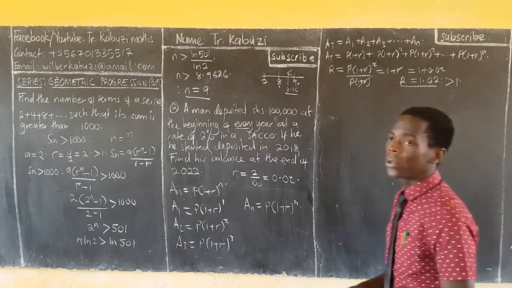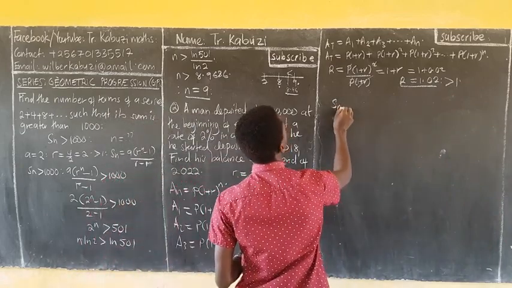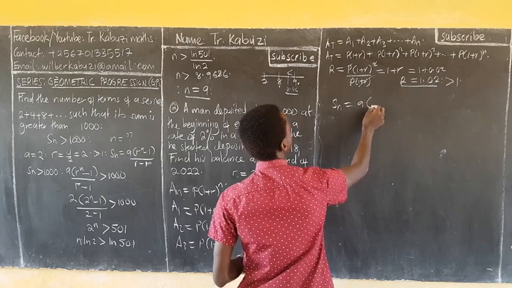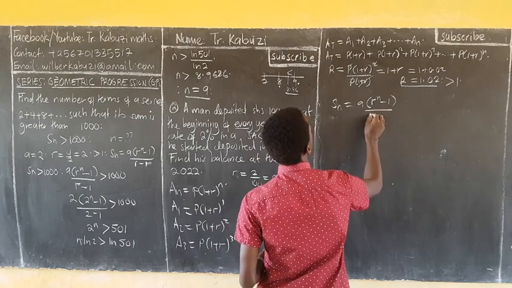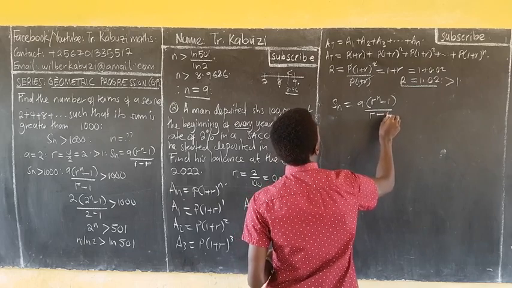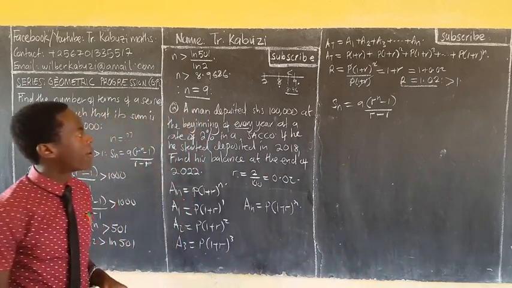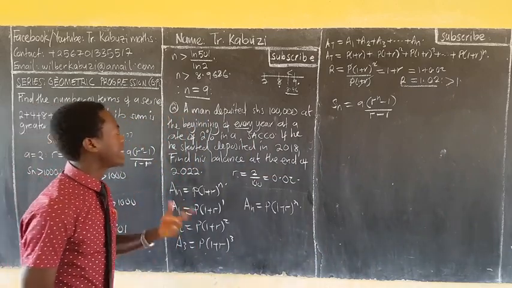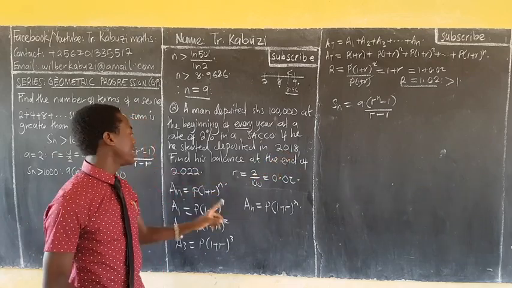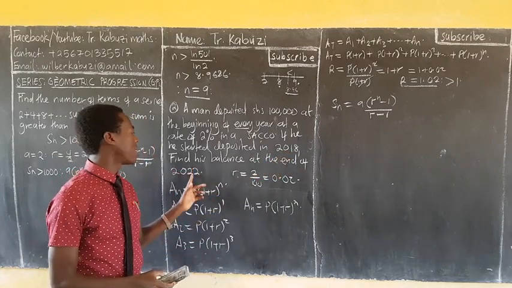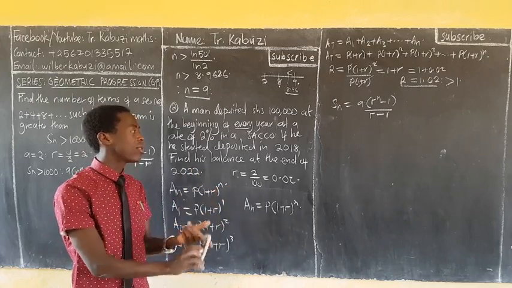So the sum we are going to use here is a times (R power n minus 1) over (R minus 1). Why are we using this? Because our R is greater than 1. Now, here I want to get n. What is n? You count from 2018: 2018, 19, 20, 21, 22.